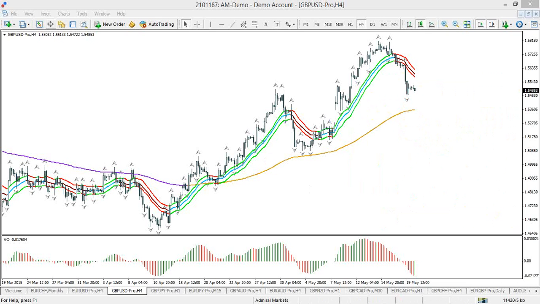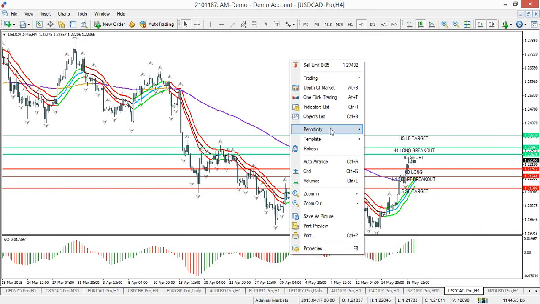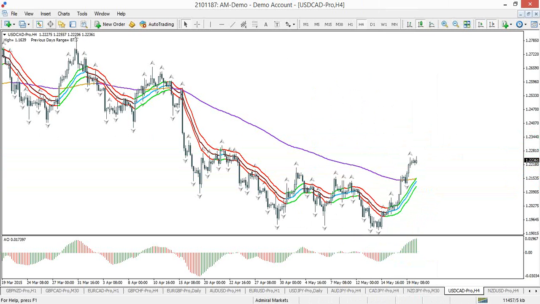Okay, let's take a look at the dollar CAD. Alrighty, dollar CAD has been pushing up.